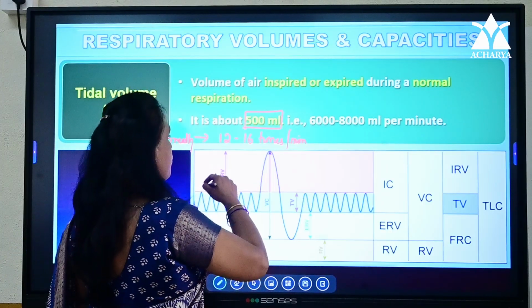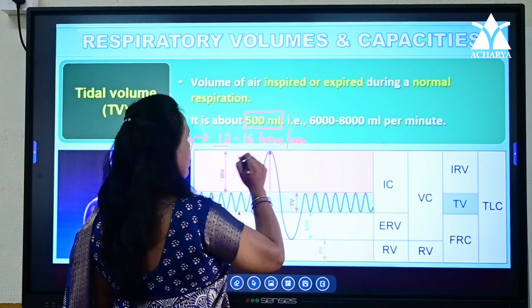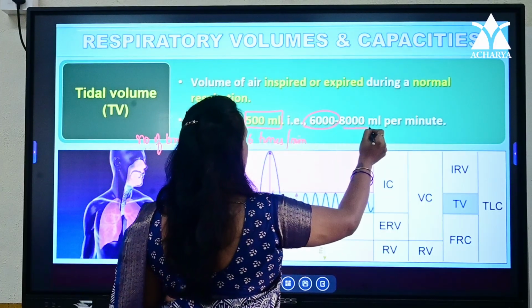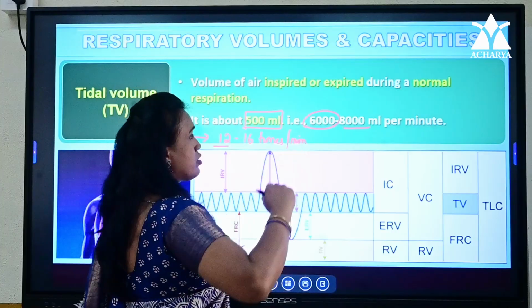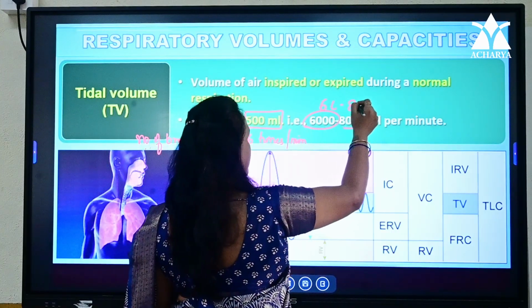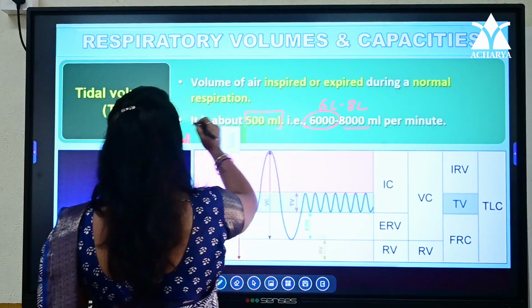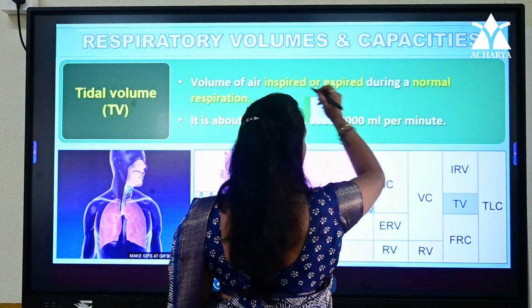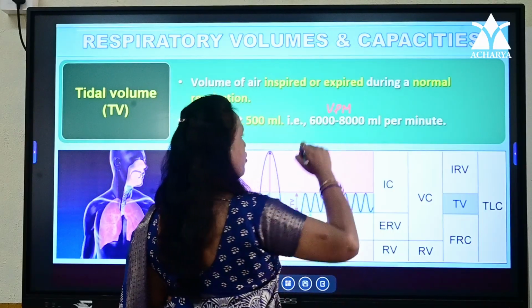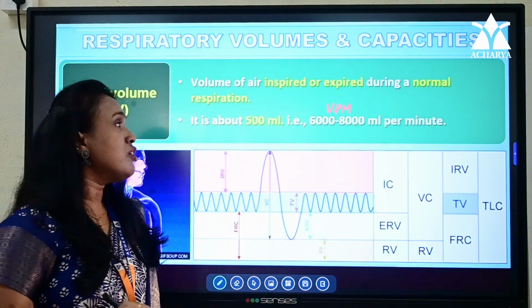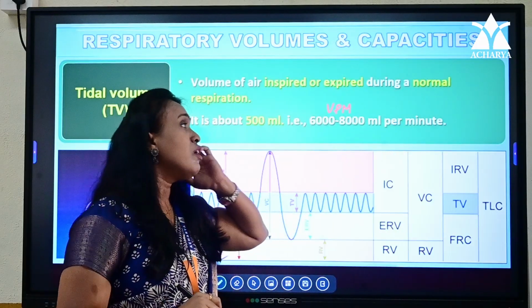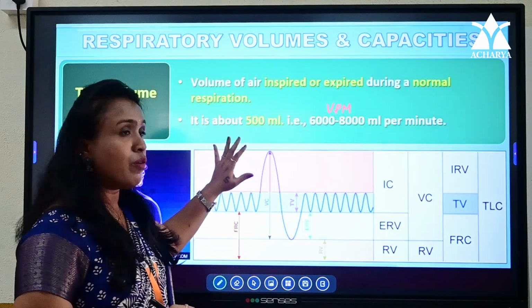So multiply 500 into 12, we get 6,000. 500 into 16, we get 8,000 ml. So that is roughly 6 liters to 8 liters in total. We call it ventilation per minute. So ventilation per minute is 6,000 to 8,000 ml per minute. So that is the tidal volume.